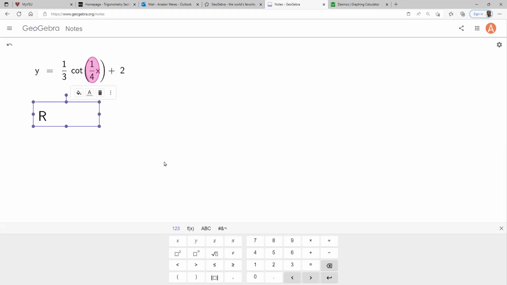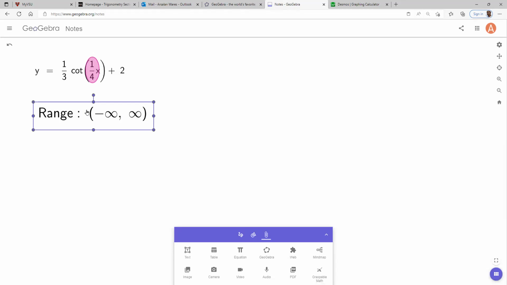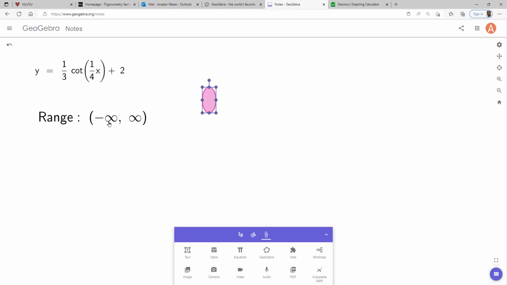The range will be this. Once again, the range does not change. The 1/3 does not affect the range. 1/3 is a vertical compression, and 1/4 is a horizontal stretch. None of them affect the range. This is my answer for the range.